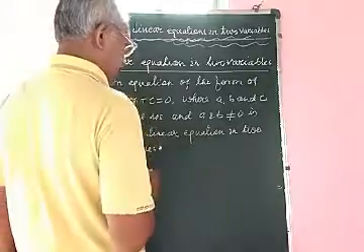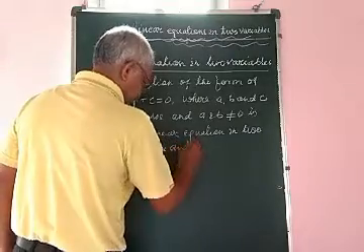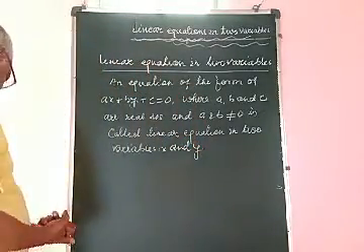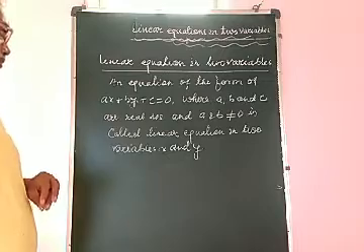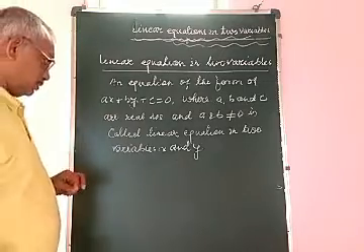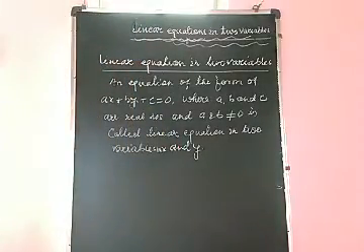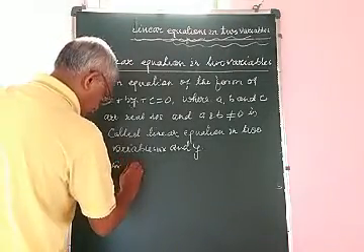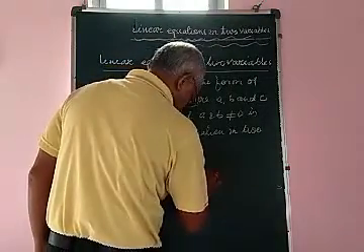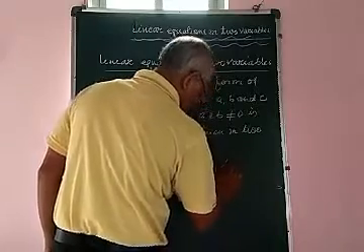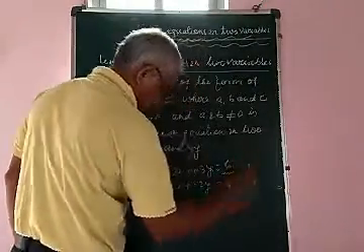For example, 2x plus 3y is equal to 6, x plus 2y is equal to 5, and so on.